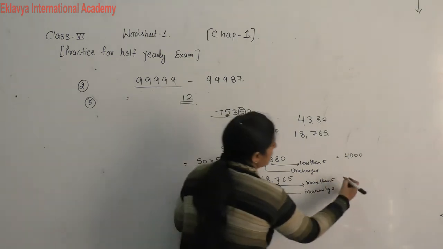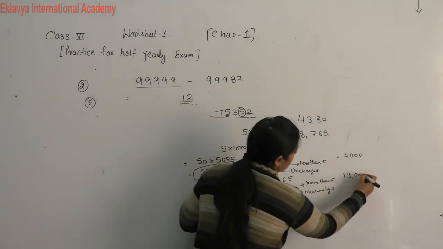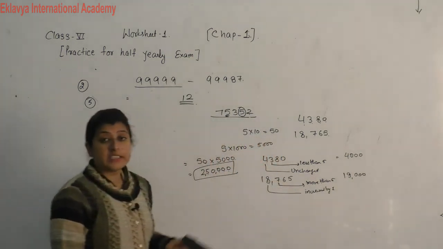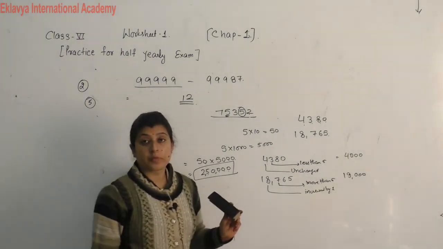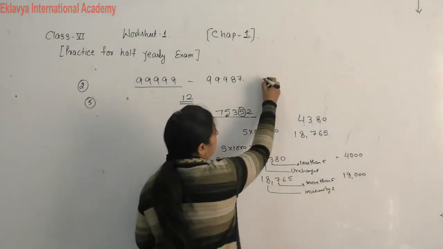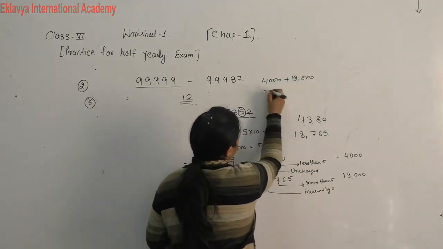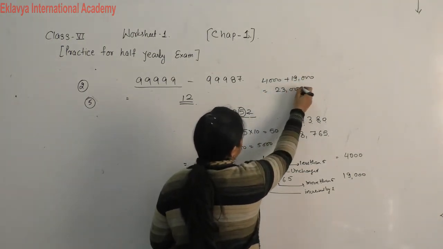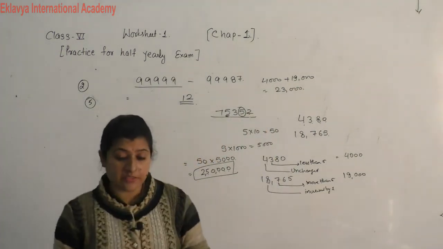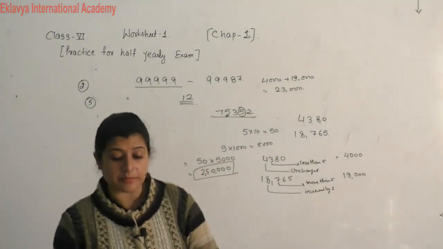Then it becomes 19,000 and the other digits change to 0. Now take the sum of it. This becomes 4,000 plus 19,000, that is 23,000. This way we find the estimated sum.